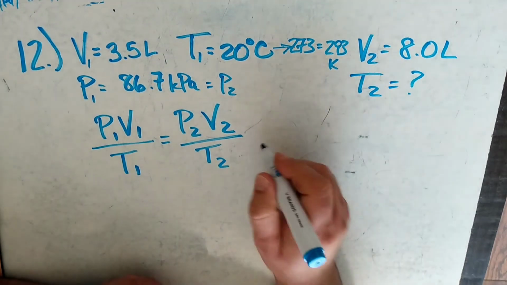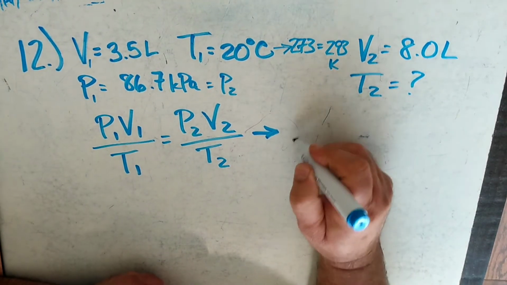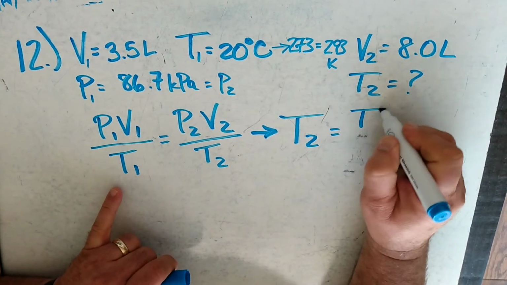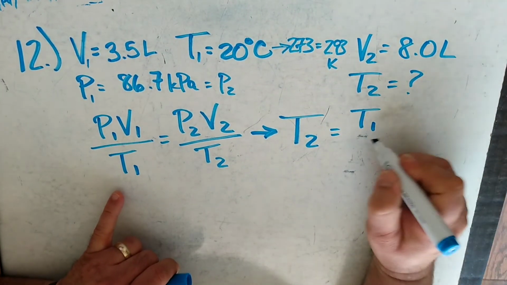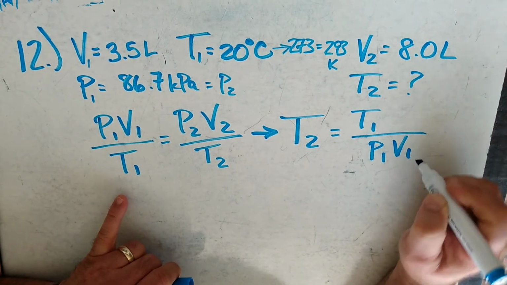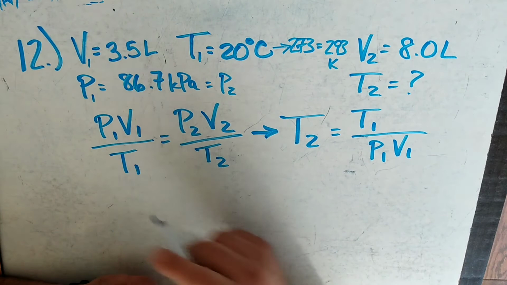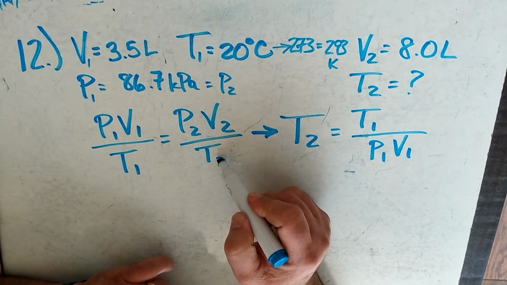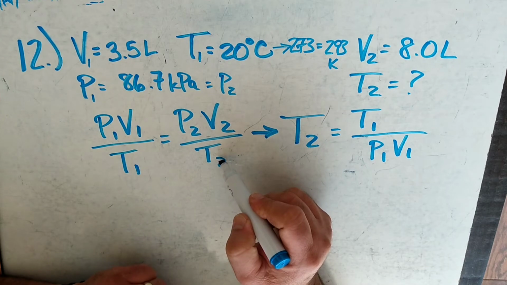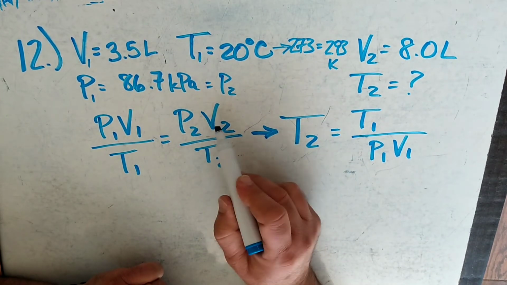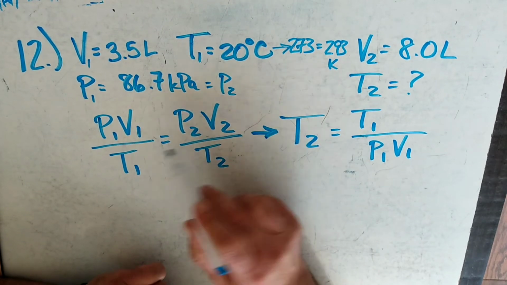All right, so this really ends up being T2 equals T1 on top, and our P1 V1 are on the bottom now because we inverted. Now, even though we inverted, these guys are down on the bottom, we have to multiply by them on both sides to cancel them out on the right side.